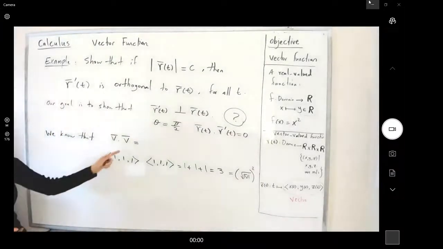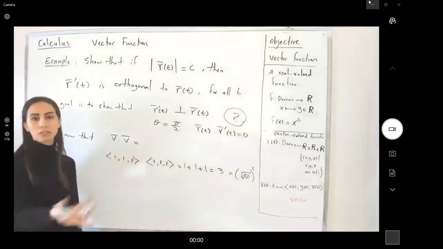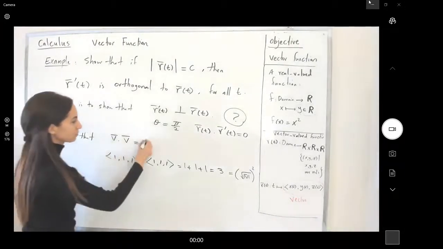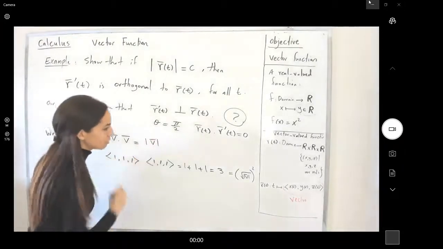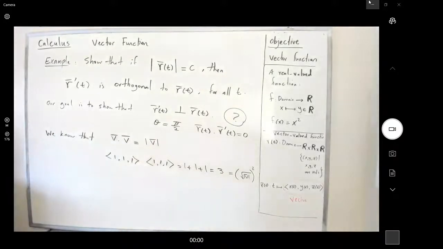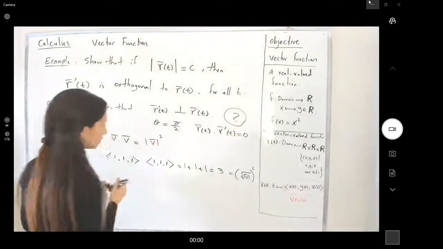Equivalently, in general you can write it as the magnitude of the vector raised to the second power.